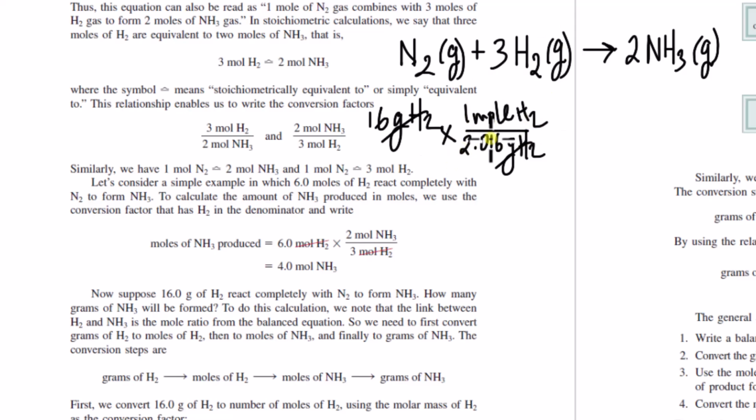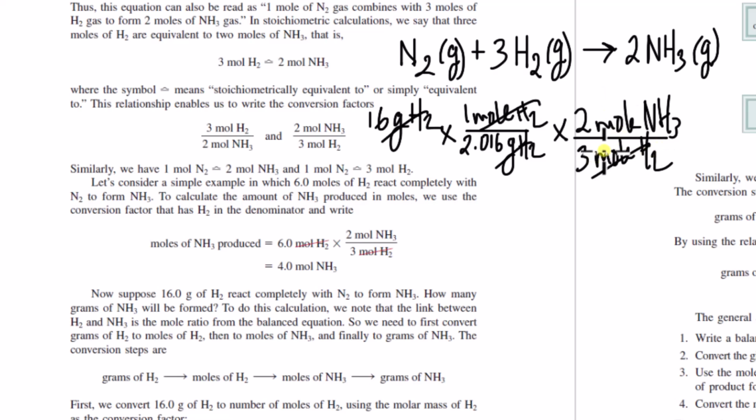So now we're in terms of H2 molecules, and we can use the stoichiometric equivalency. For every 3 moles of H2 molecules consumed in this reaction, 2 moles of NH3 molecules are produced. So now we're in moles of NH3 molecules, NH3 gas molecules, in moles.